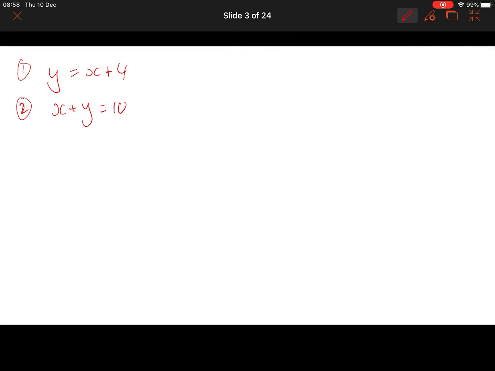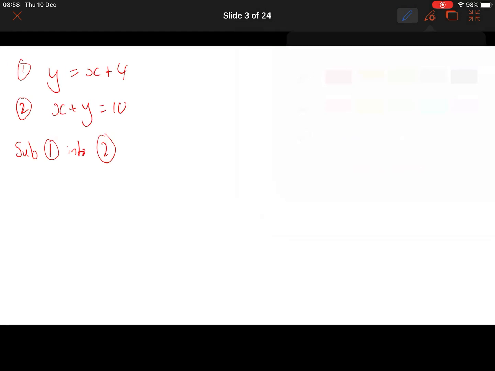But I'm not going to do that, because at least one of the equations has one of the variables as the subject of the equation. In equation 1, y is the subject. So I'm going to sub equation 1 into equation 2.